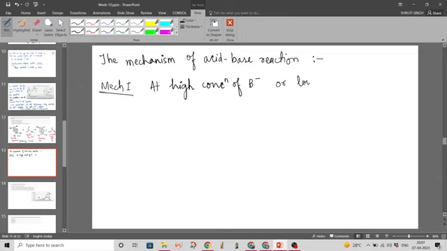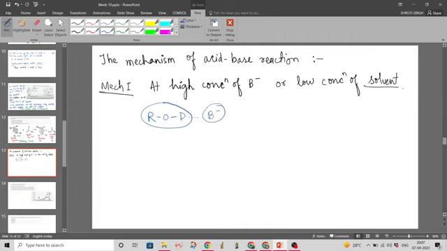so high concentration of this means low concentration of solvent. Now what happens here is we have ROD, and since there are so many acetate ions at high concentration, there is a direct contact with an acetate. So they have contact ion pairs.